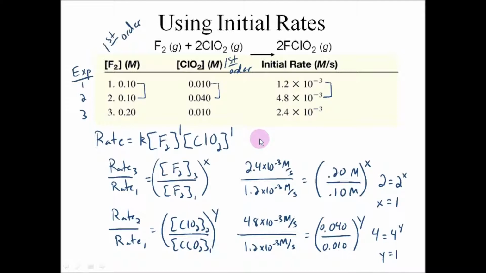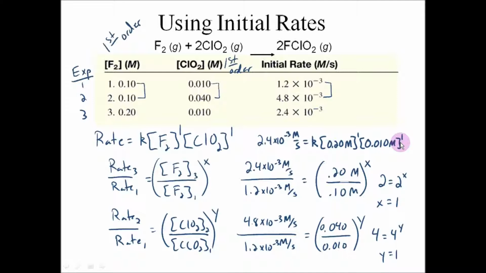Alright, the initial rate for experimental data set 3 is 2.4 times 10 to the negative third molarity per second. So that's going to be equal to K times the concentration of F2 to the power of 1 times ClO2's concentration in experiment 3 also to the power of 1.